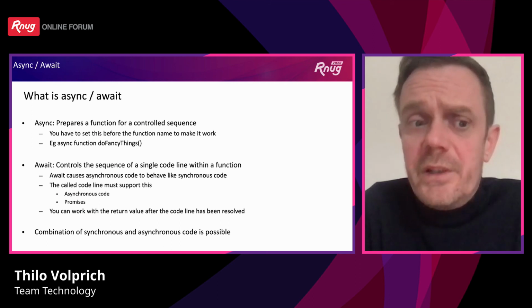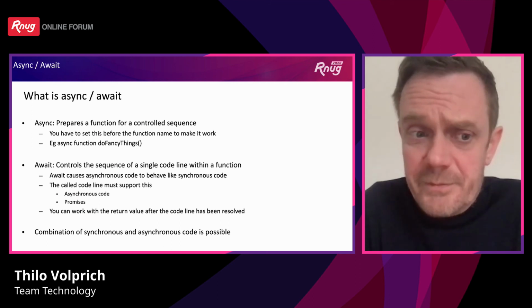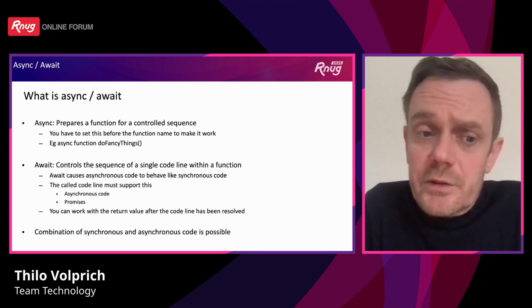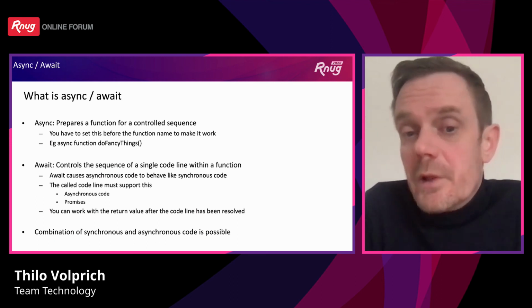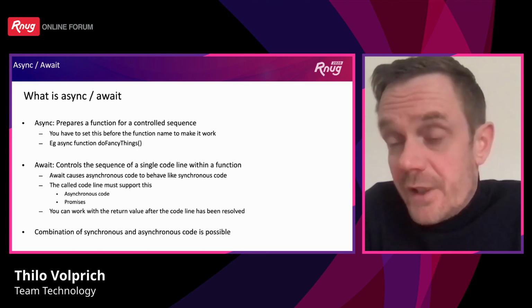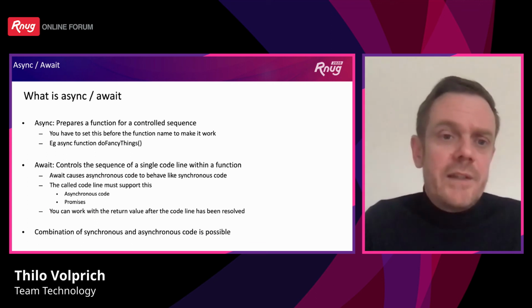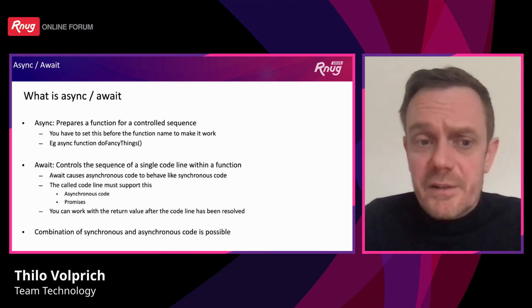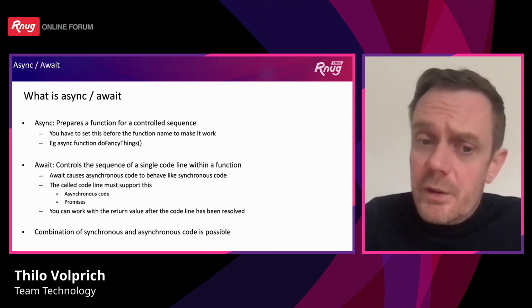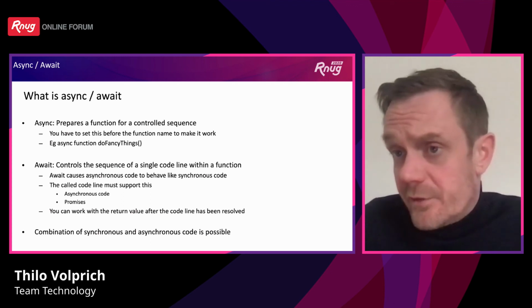You just have to put the async keyword in front of the function. Await controls the segments within this function. Await causes asynchronous code to behave like synchronous code.